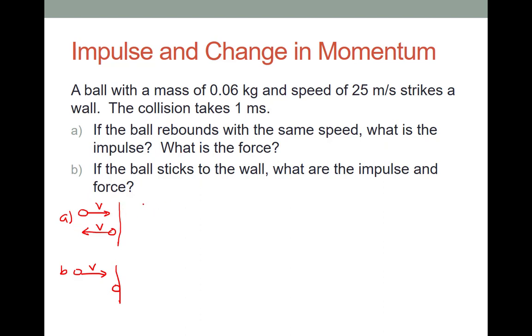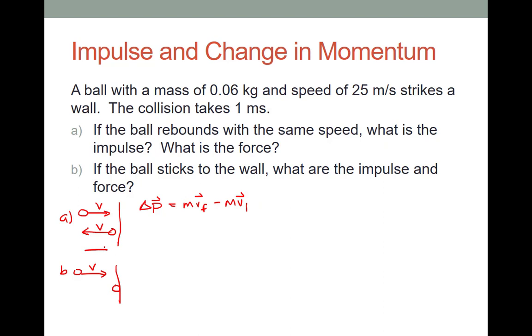To find the impulse, I need to look at the change in momentum. And the reason I need to look at the change in momentum is because I don't have the information to use the force multiplied by change in time version of this problem. So that will be mv final minus mv initial. And because it's vectors, I need to define a direction of positive.